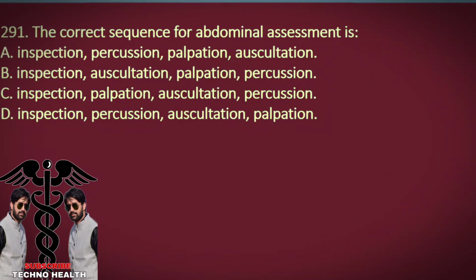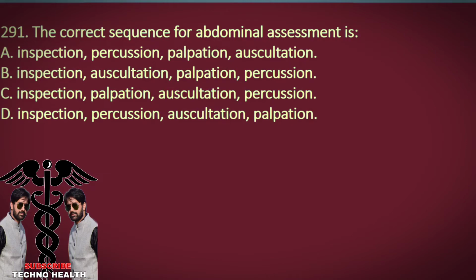Question 291. The correct sequence for abdominal assessment is: A. Inspection, percussion, palpation, auscultation. B. Inspection, auscultation, palpation, percussion. C. Inspection, palpation, auscultation, percussion.